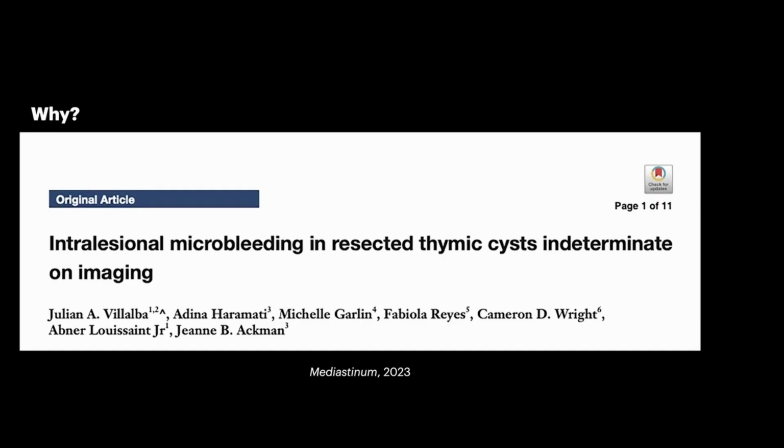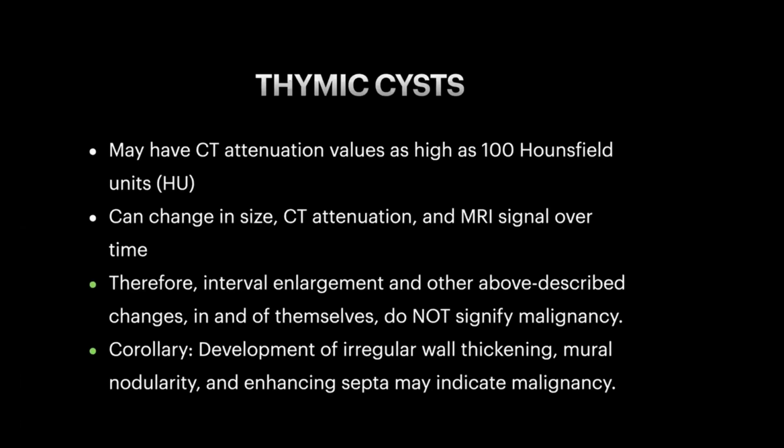And we don't care about the increase in size, provided that that increase is all fluid and not the wall thickness. So remember, thymic cysts may have CT attenuation values as high as 100 Hounsfield units. That case I just showed you was a case of a thymic cyst measuring 97 Hounsfield units. Lesions can change in size, CT attenuation, and MR signal over time.